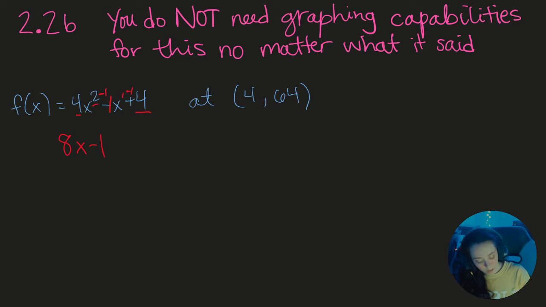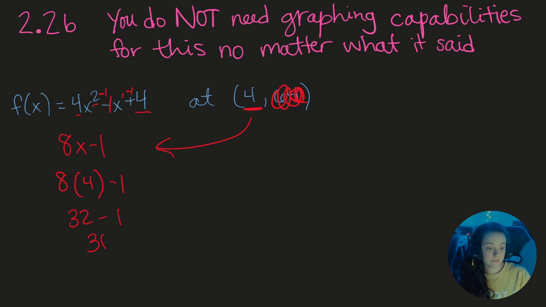So we now plug in this point right here, this 4, into this right here. This y value that they're giving you is a trap. You don't need it. This is unimportant. Okay? So you plug in your x value, 8 times 4 minus 1. 8 times 4 is 32, minus 1, 31.